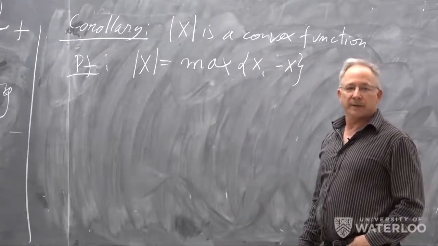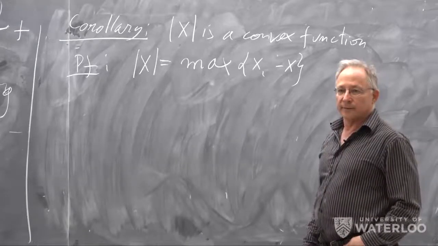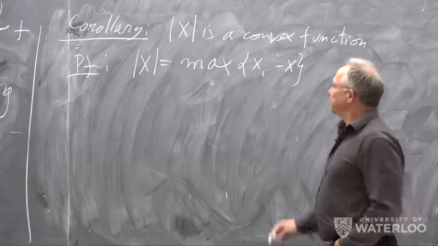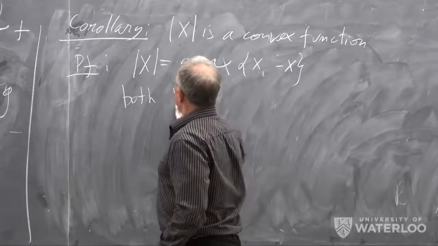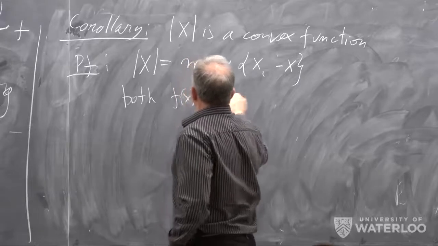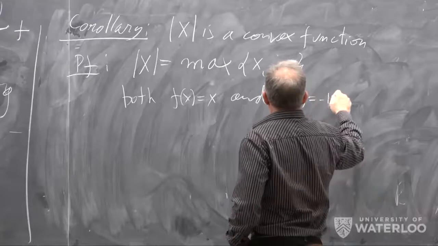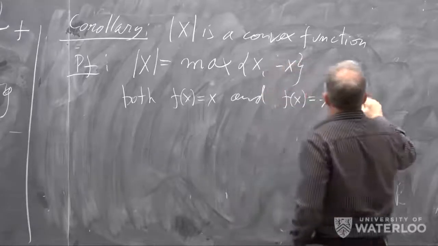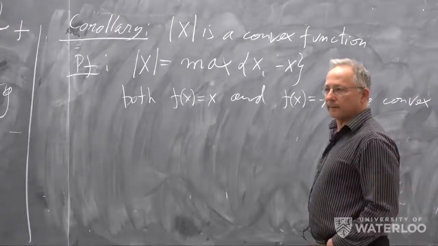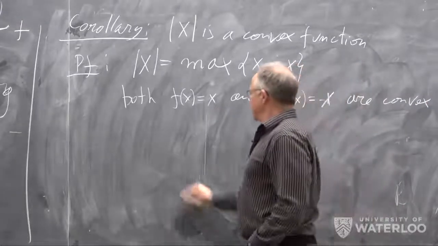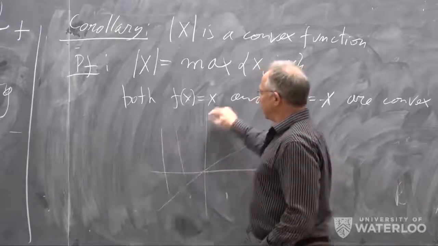And both functions, f of x equals x and f of x equals minus x, are convex. We can see it by the epigraphs, because the epigraph of f of x equals x is this set.